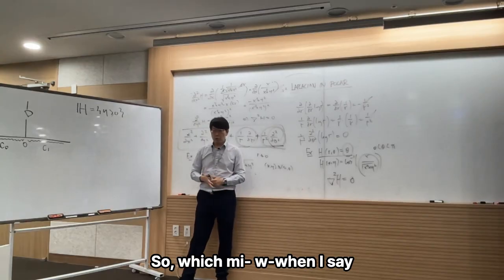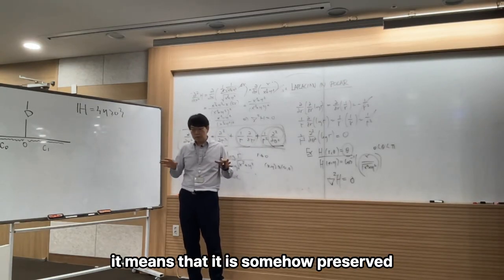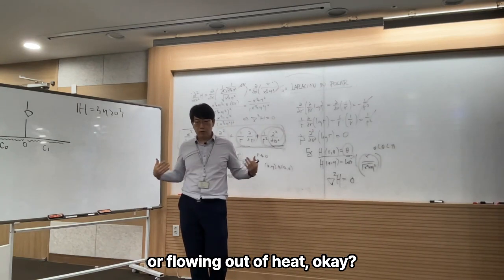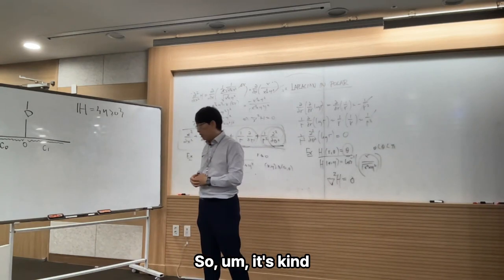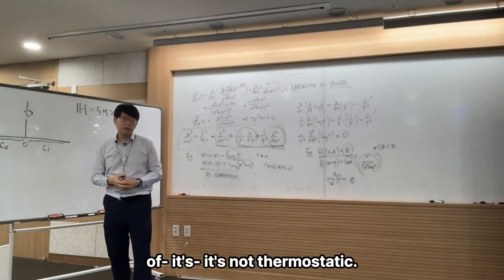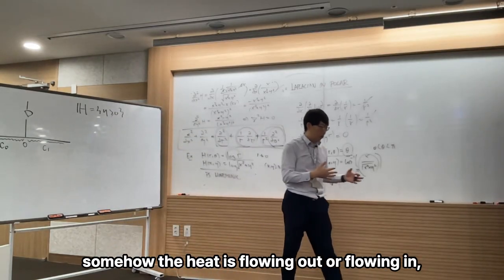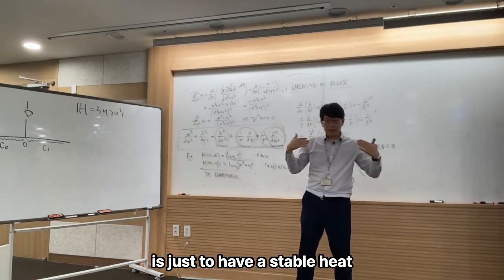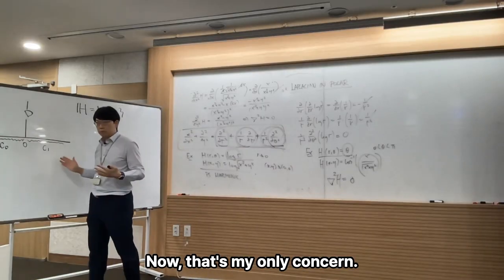So when I say the temperature is C0 and C1, it means that it is somehow preserved at that temperature with a flow of heat flowing in or out. It's not insulated. Somehow the heat is flowing out and flowing in. But all I want is to have a stable heat on the boundary. That's my only concern.